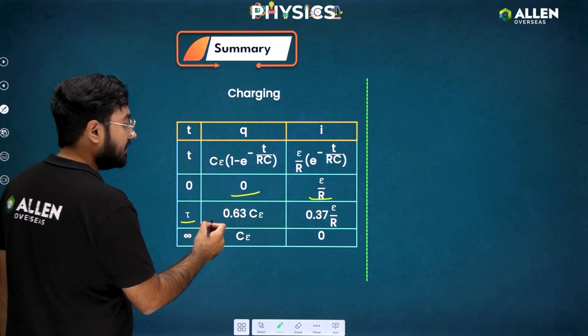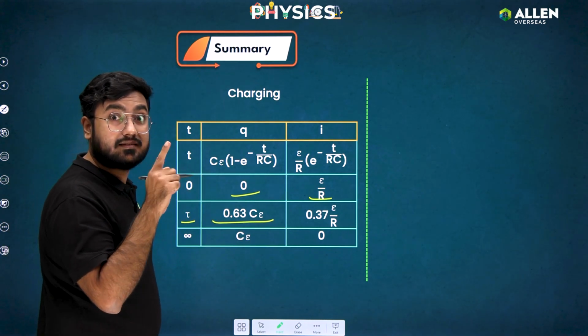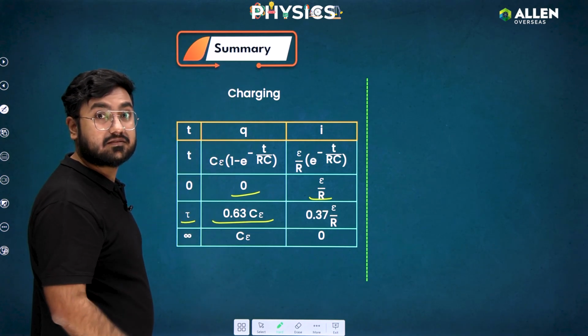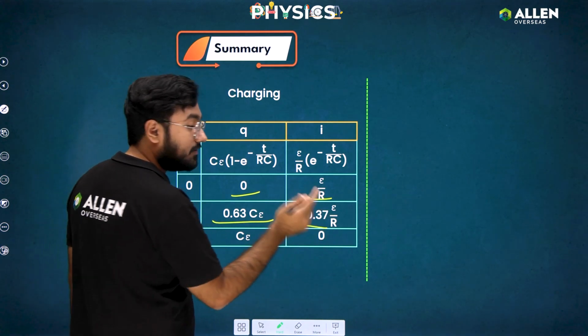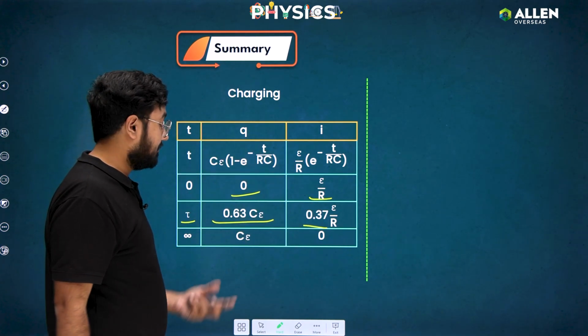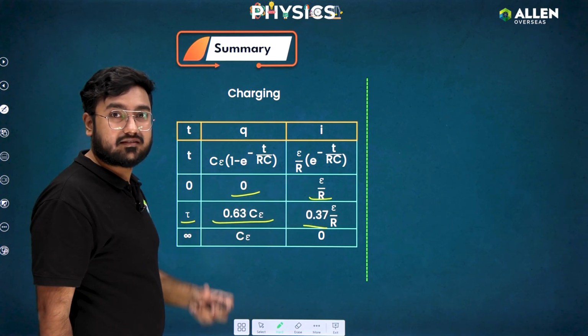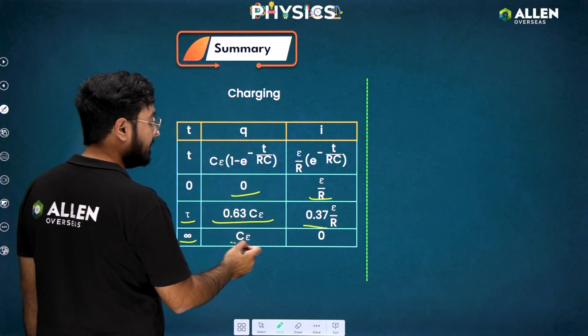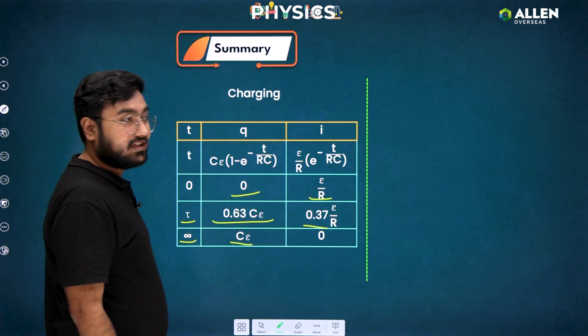In one time constant, 63% of the job is done. So charge is 63% of the maximum charge, final charge. And here 63% of the job is done, so current has been reduced by 63%. So 37% remains. At infinity, charge will be CE, current drops to 0.